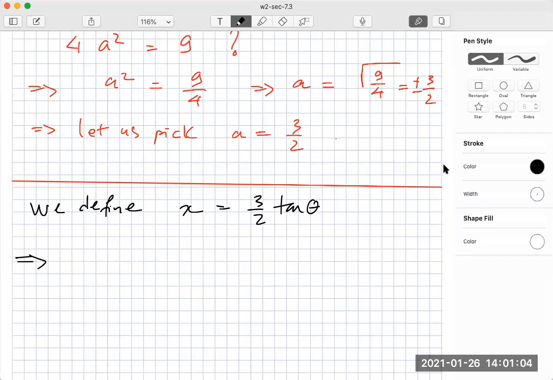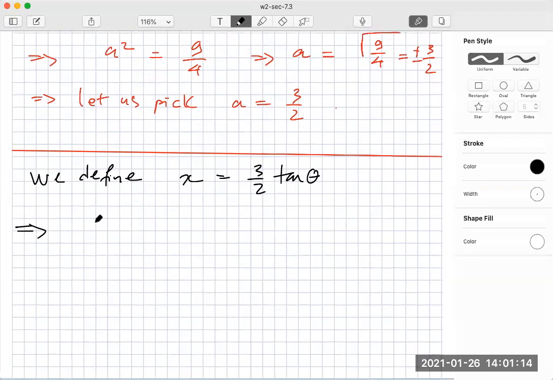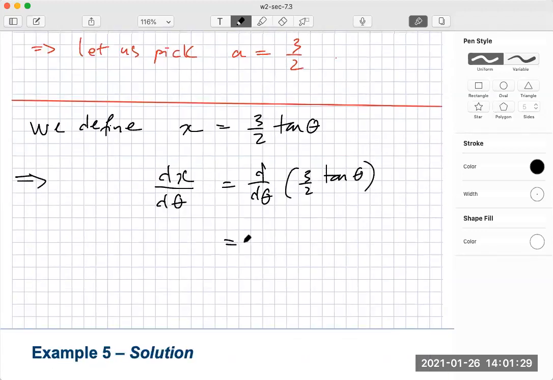So, look. Now we need to find dx over d theta, which will be, what is it?